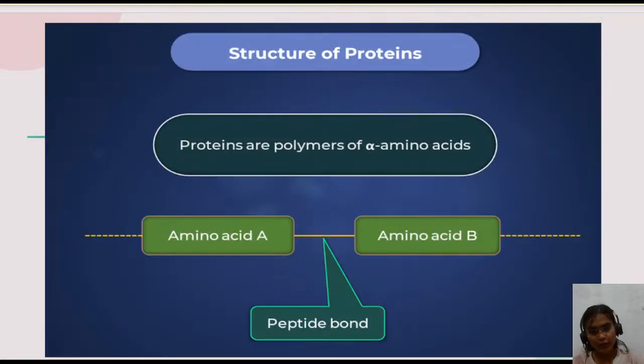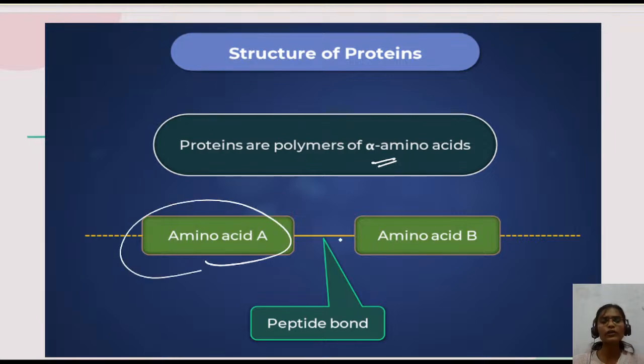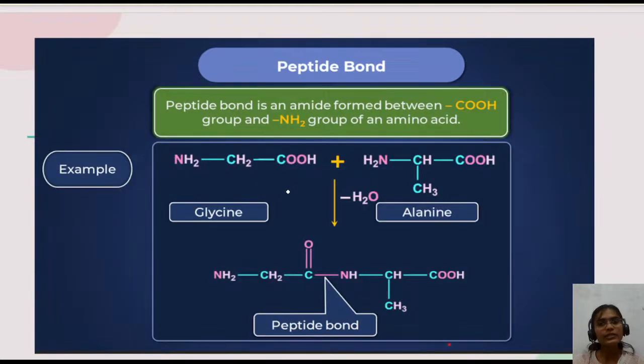First of all, what is protein? Protein is a polymer of alpha amino acids, which we just covered. There are so many amino acids A, B, C, and up to so many combined, and in between we have peptide linkages. For example, glycine and alanine combine, and we get a peptide linkage, like COOH and NH2 combine, and a water molecule is simply released there.